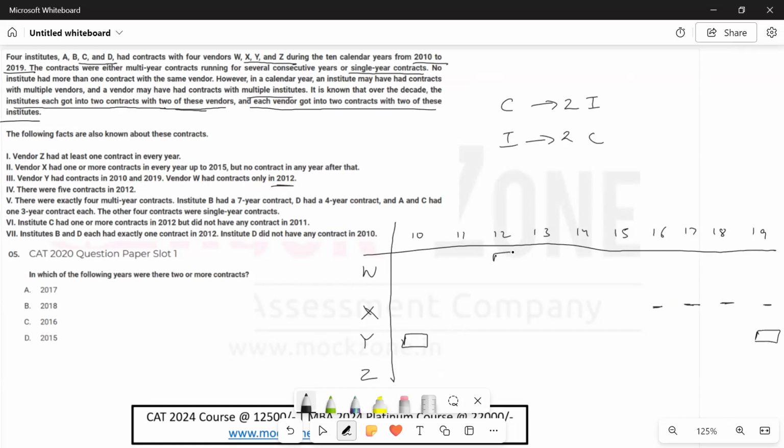He'll have two contracts in 2012, with two institutes. Basically, every vendor has two institutes, and we know that W only has in 2012. So both of them will be in 2012, and in all the remaining years, he'll have no contract. And similarly, Y has a contract in 2010 and 19, and in the remaining years, he has no contract.